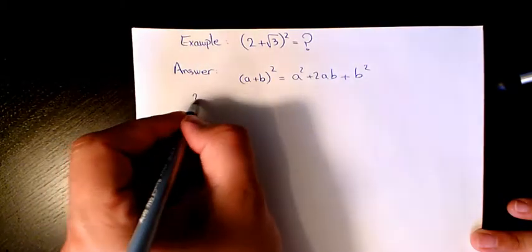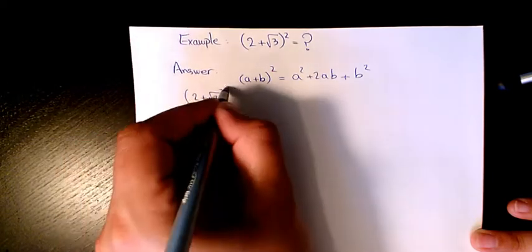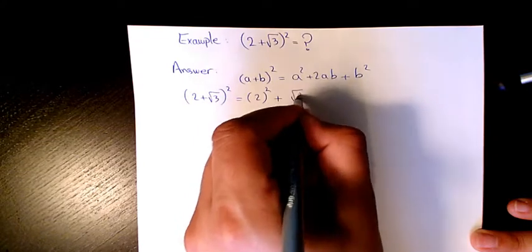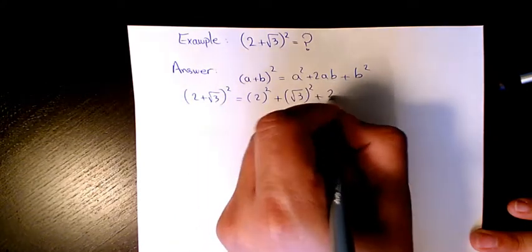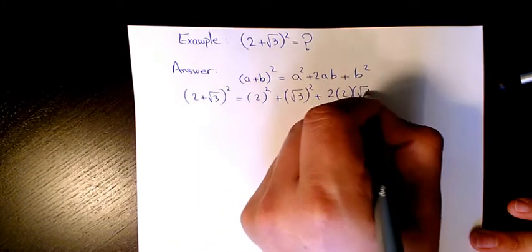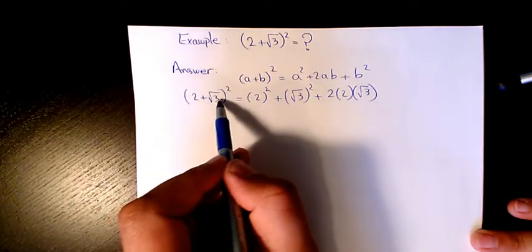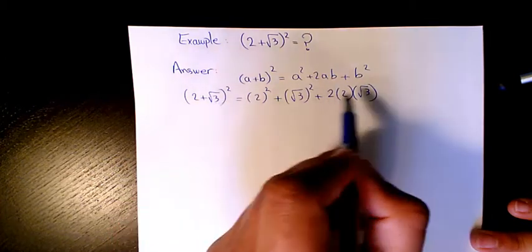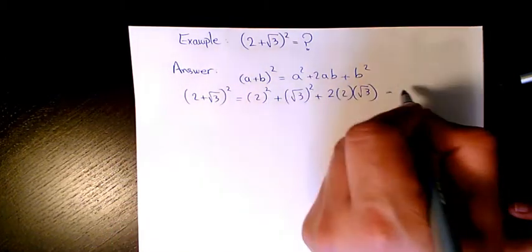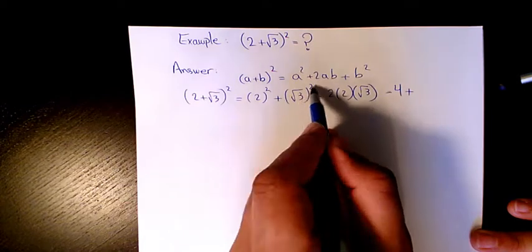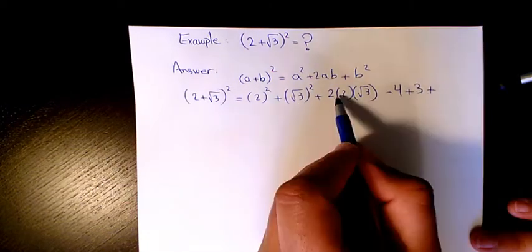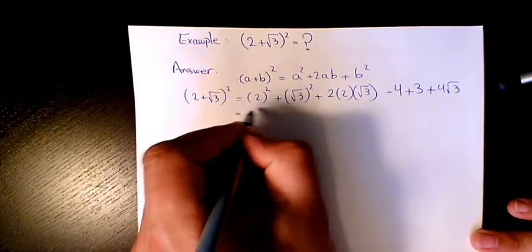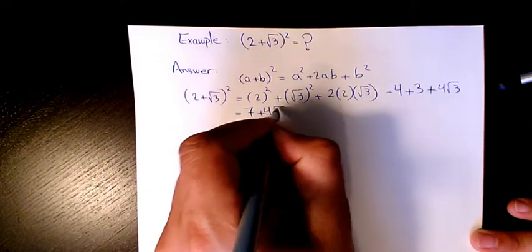So (2 + √3)^2 is going to be the first one squared, the second one squared, and 2 times the first one and times the second one. 2 squared, √3 squared, plus 2 times the first one and times the second one. 2 squared is 4. √3 squared is 3, and 2 times √3 is 4√3. The answer will be 7 + 4√3.